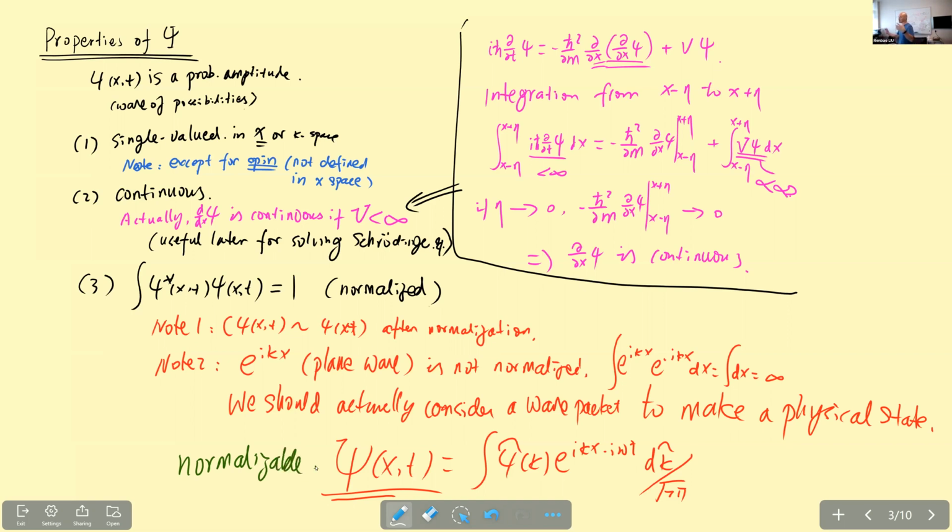But we have seen, for example, Gaussian wave packet. You can always form a Gaussian wave packet using the plane waves, and that Gaussian wave packet, of course, after integration is a finite number, so you can form a normalized wave packet. Okay, so that's the note I should add.